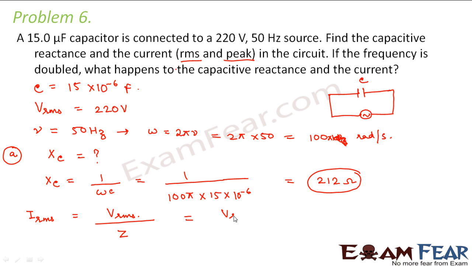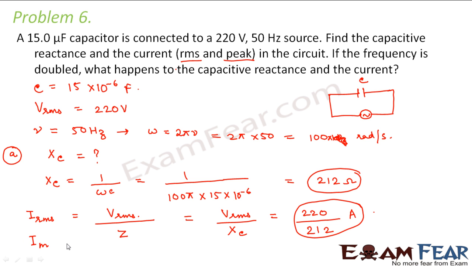So what is the net impedance in the circuit? The net impedance is nothing but the capacitive reactance, because there is no resistance, there is no inductor. So this will be equal to 220 volts divided by what is XC? XC is 212. So 220 divided by 212. This would be the value of RMS current, this much amperes.